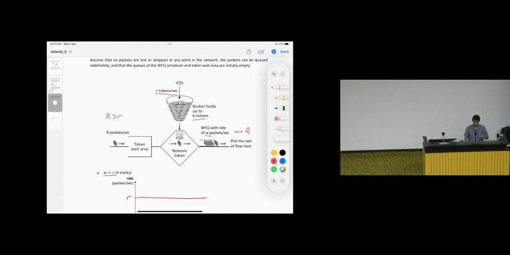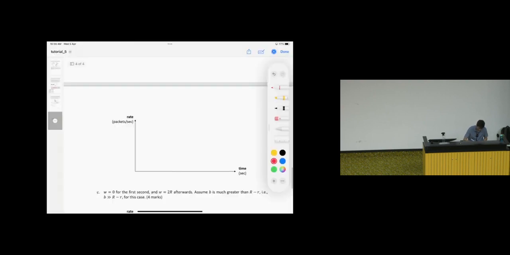So perhaps, yes, I can push capital R packets per second into the network for a while, but eventually, my leaky bucket will be emptied because the arrival rate of small r is smaller than my departure rate of capital R. Eventually, I will run out of tokens. And when that happens, I will have to reduce down to the token arrival rate of small r tokens per second.